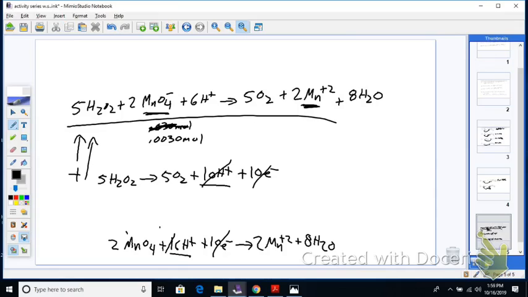Mine would be 0.0075. Now, if you're doing multiple examples and you want to do them all separately, that's kind of up to you.